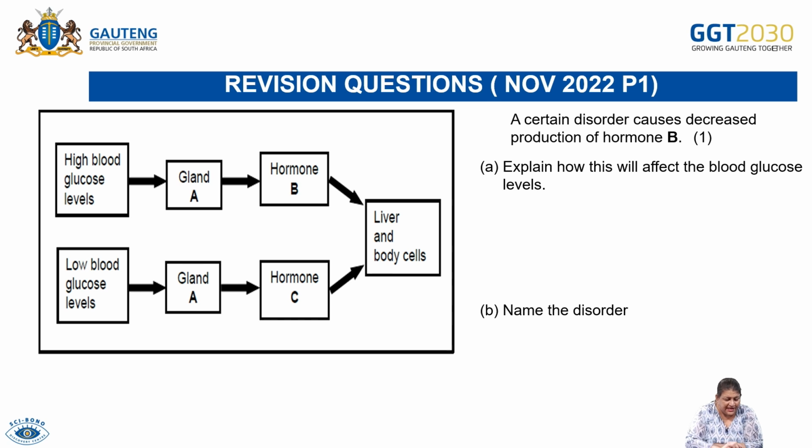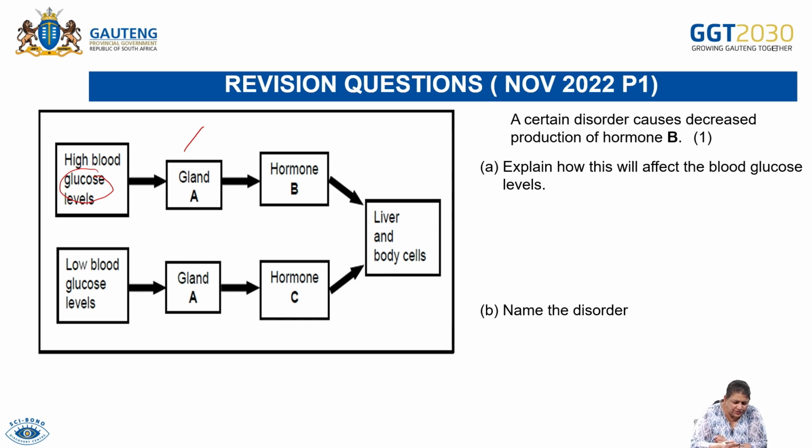What's going to happen? It's going to send a nerve impulse to gland A. What is the key word? If we're talking about glucose, the gland can only be the pancreas, which is the organ, or you can say the islets of Langerhans. Let me write it here properly. You're going to say, what is the gland that is stimulated when your glucose level is high?